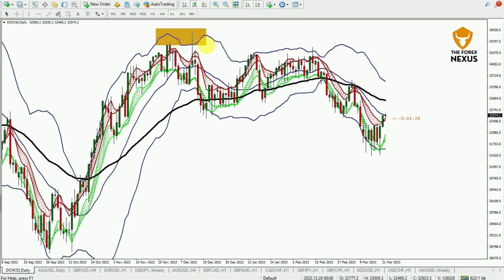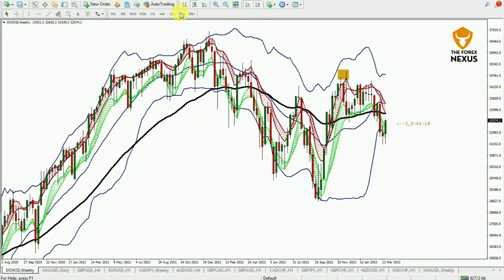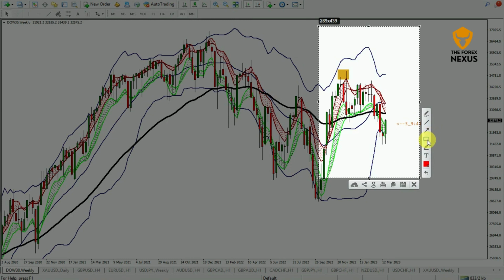But you can see that the Bollinger Bands were expanding on the weekly time frame, and this time on this time frame you can see it starts squeezing.